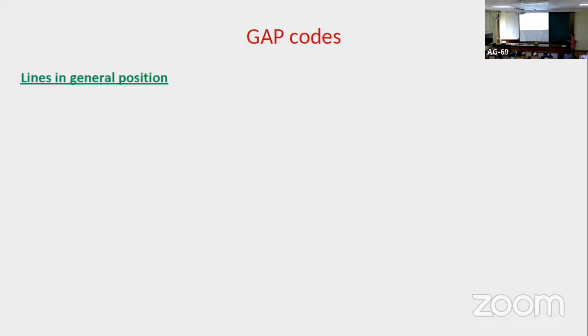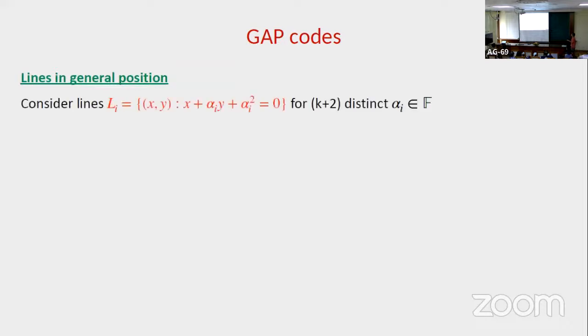Okay, so what does lines in general position mean? Here is a construction. I will not prove that these are in general position, but it's not hard. Take the set of lines whose equations are of the following form. We pick an alpha i from the underlying field and we look at x plus alpha i y plus alpha i square.